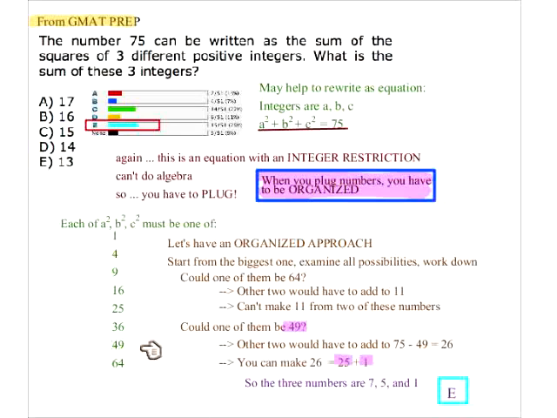You've got to just start plugging. And the key is to be action heroes here. You can take a look at this for a few seconds and realize I have no algebra that will handle a 3-variable quadratic equation. There's just no way. So as soon as I see this, I should turn tail and start to plug.